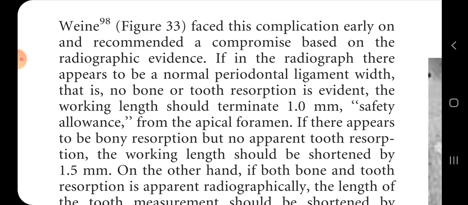If in the radiograph there appears to be a normal periodontal ligament width, that is, no bone or tooth resorption is evident, the working length should terminate 1 mm, that is a safety allowance or safety factor, from the apical foramen.